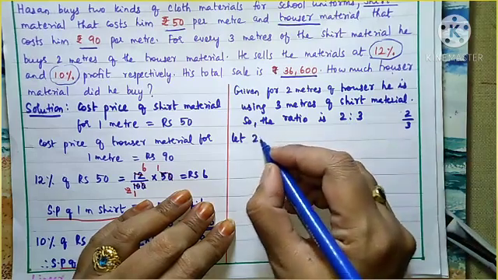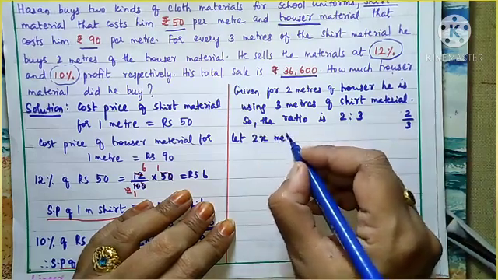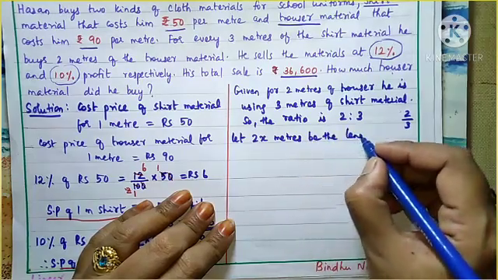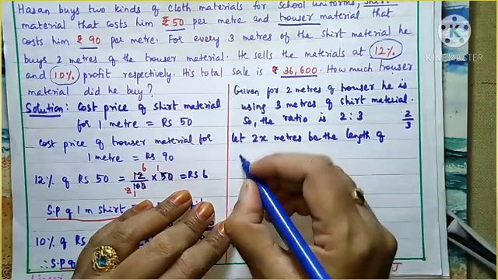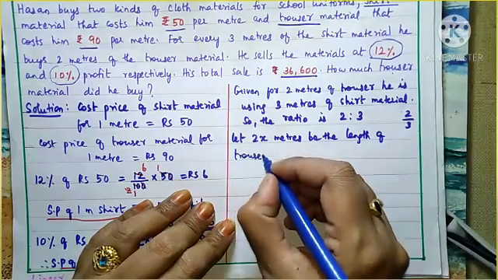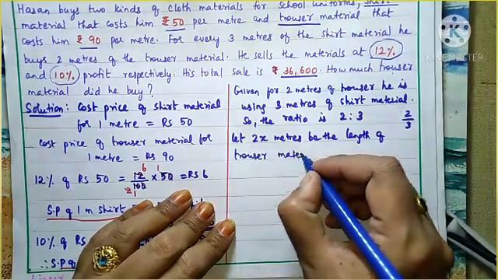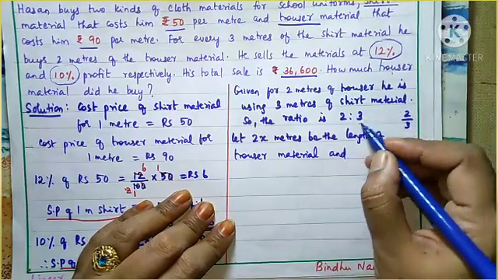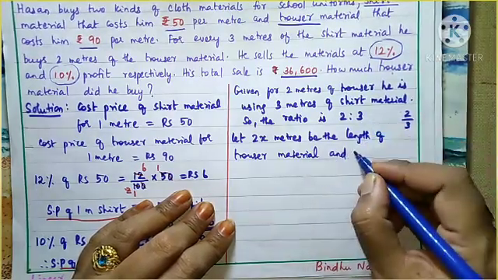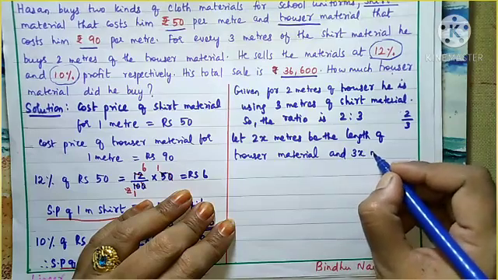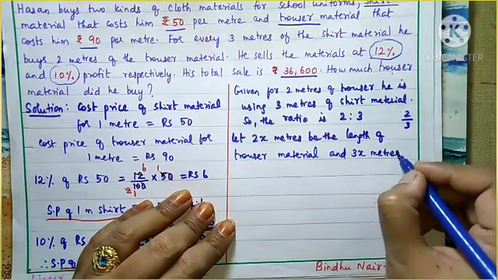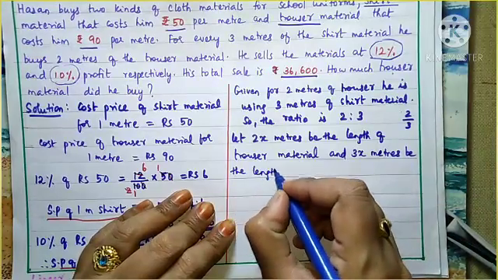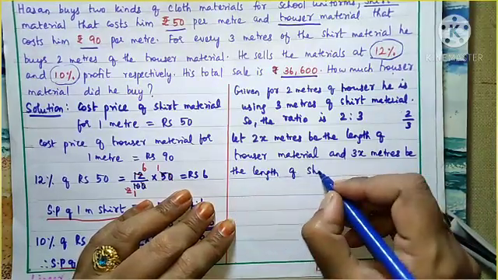So I am writing, let 2x meters be the length of trouser material, and what is the part of shirt material? 3 parts. So 3x meters be the length of shirt material.